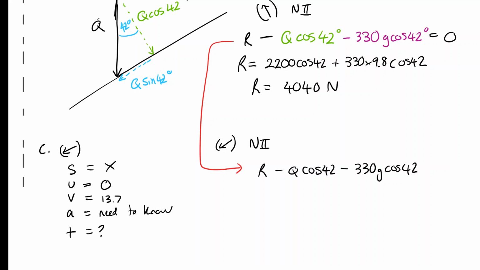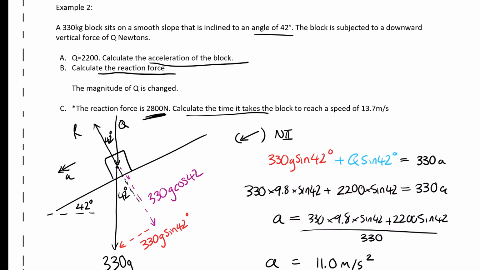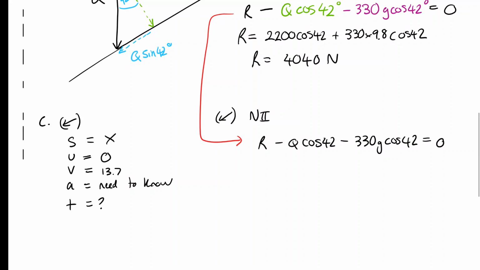It is still equal to 0 because no matter whether it slides along the slope, it doesn't accelerate into or out of the slope. That equation has two unknowns, both R and Q, but the reaction force we're told is 2,800. So 2,800 minus Q cos 42 minus 330 G cos 42 is equal to 0. So Q is the only unknown. We can solve for Q.